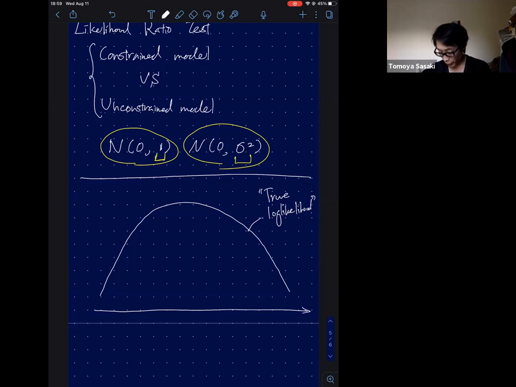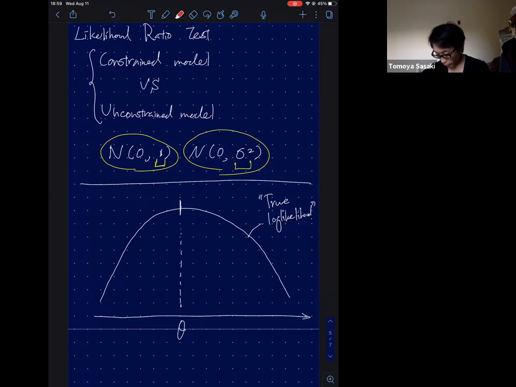What the likelihood ratio test is doing is comparing the likelihood ratio at this particular point, let's say theta 1, and the other point theta naught.